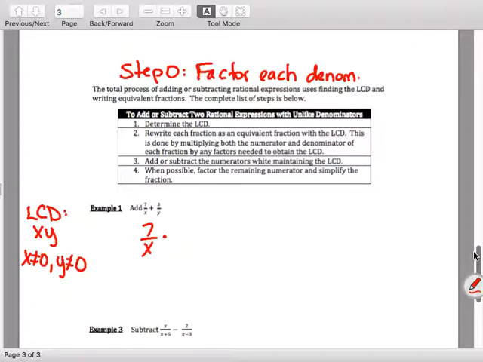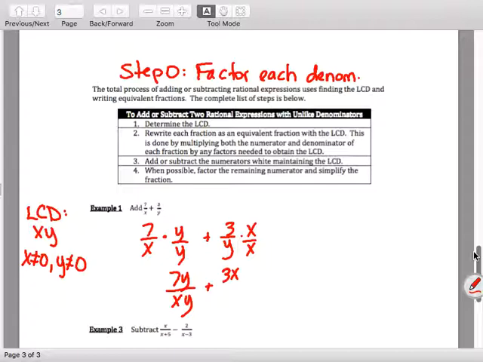So I need to now build the common denominator. I'm missing a y from the first one, so I'm going to multiply by y over y. The second fraction is missing the x, so I'm going to multiply by x over x. Now, do you notice that my second denominator looks like yx?